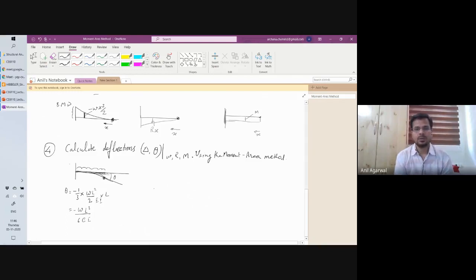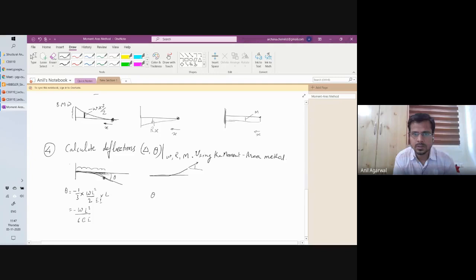For this problem, for the vertical load R acting on this beam, the deformed shape will be like this. Again, the same theta, same concept. This is the theta I'm trying to calculate. Sorry, it's very difficult to draw it accurately.